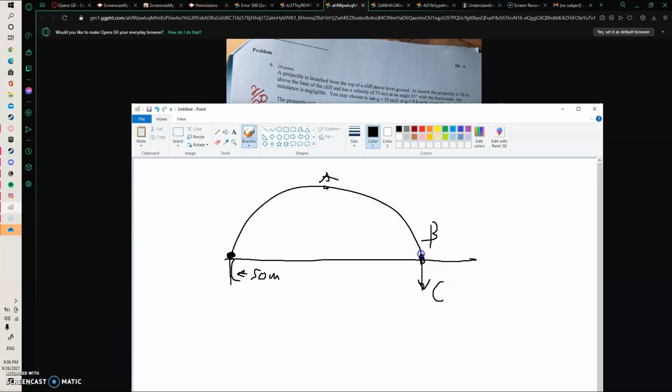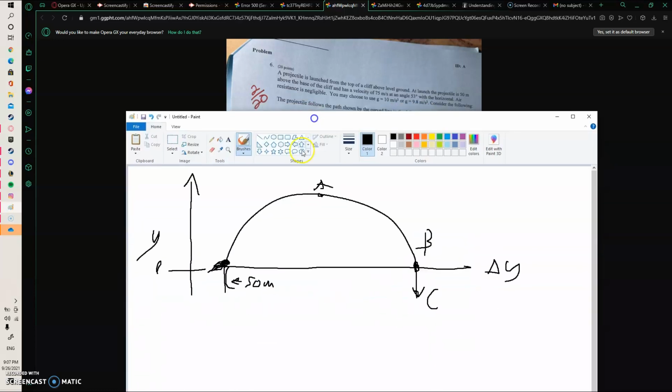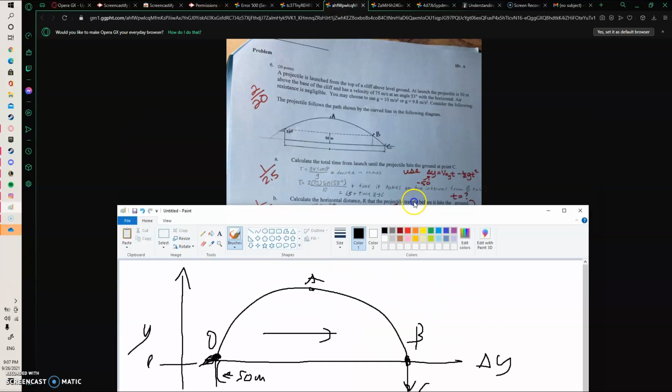So, you don't really need to do any calculations for this either, because we know that delta y, so let's just put the problem like this. This is the y-axis, and this is 0. So you know that from the origin, let's just call it O, from O to B, delta y is actually equal to 0, because the change in the vertical displacement is essentially 0, right?